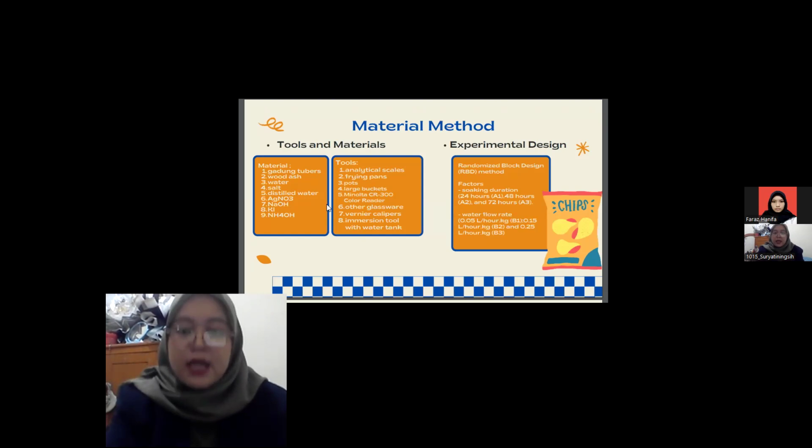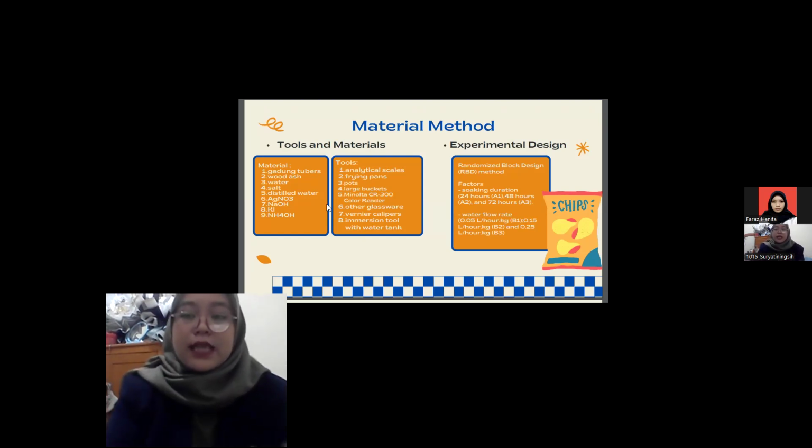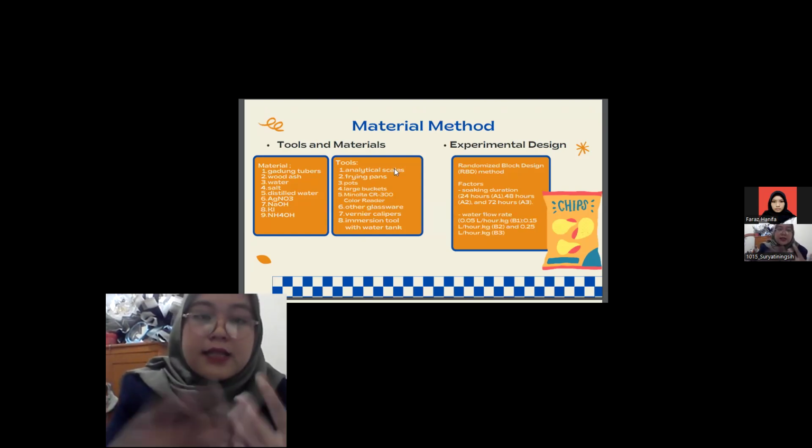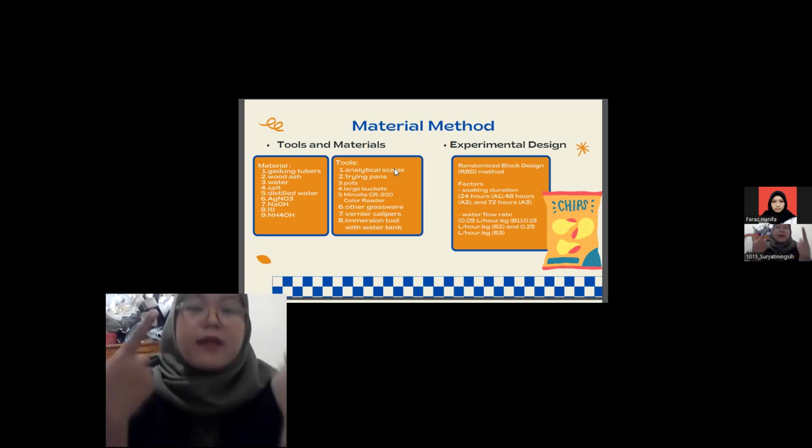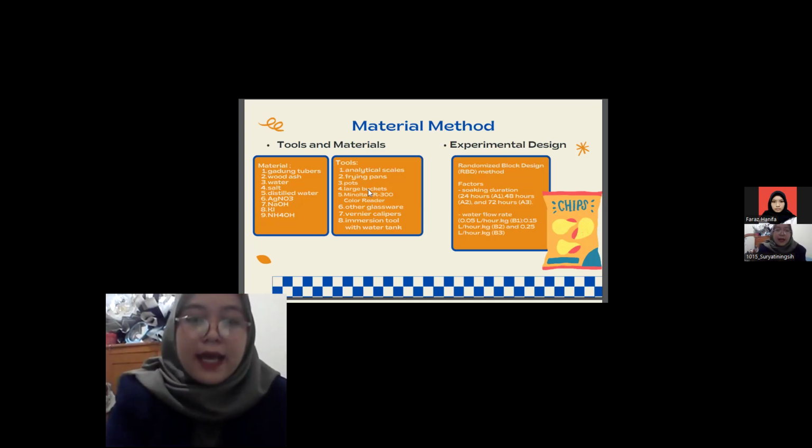Next, the tools used in this research are an analytical scale, frying pan, pots, Langer bucket, color reader, other glassware, vinegar applicator, and immersion tools with water tanks.